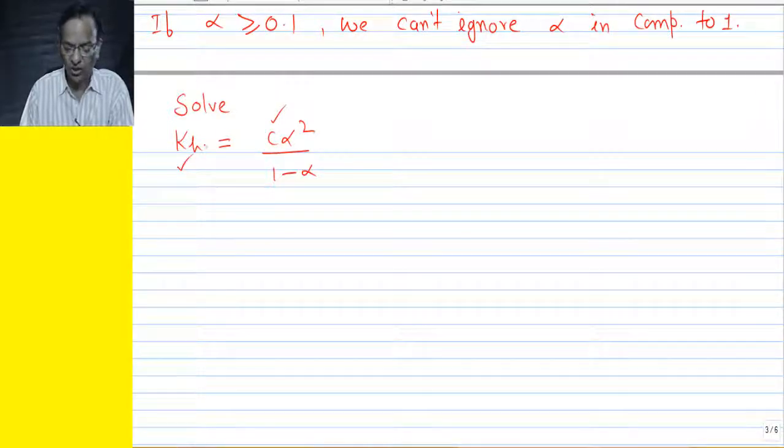C is given, Kh is known, so it will be a quadratic equation. Solve for root of quadratic equation alpha, and then concentration of hydroxide ion can be determined as C alpha.